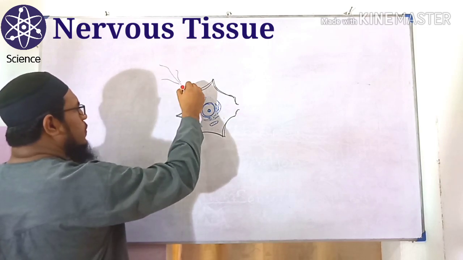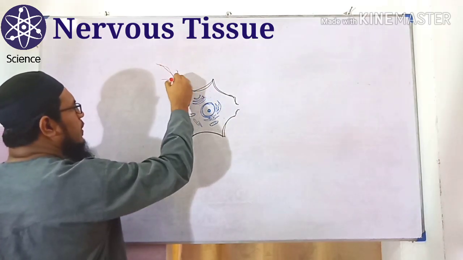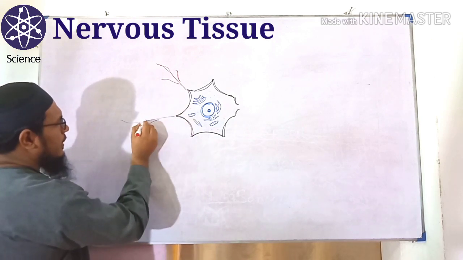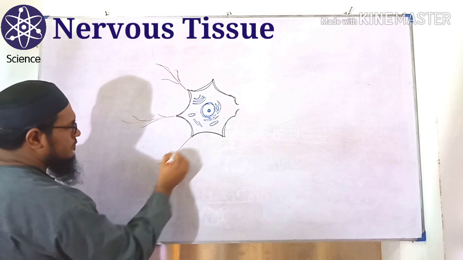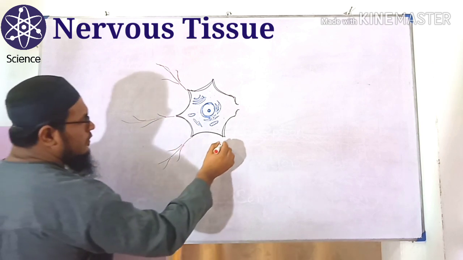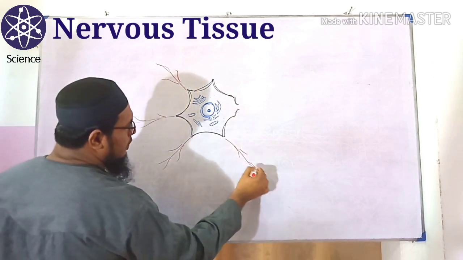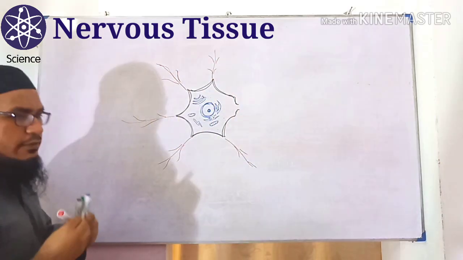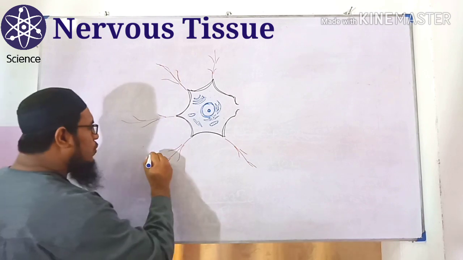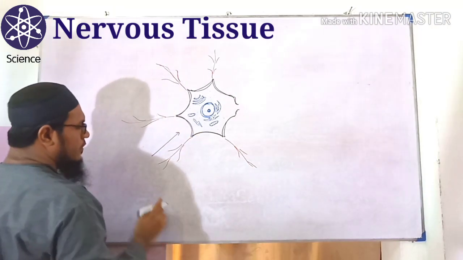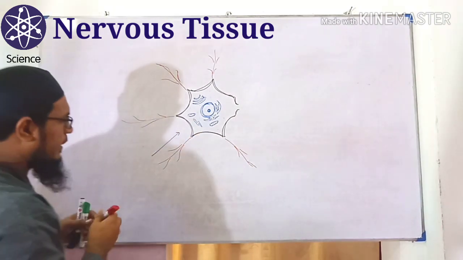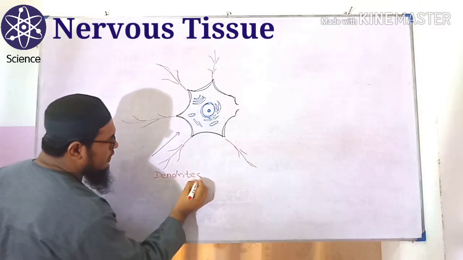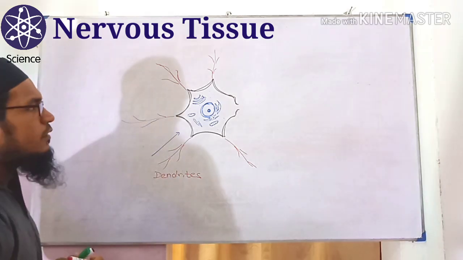Those are small thin fibers which bring impulses towards the cell body. These are dendrites. They bring impulses towards the cell body. So these are called dendrites. This is one type of fiber.